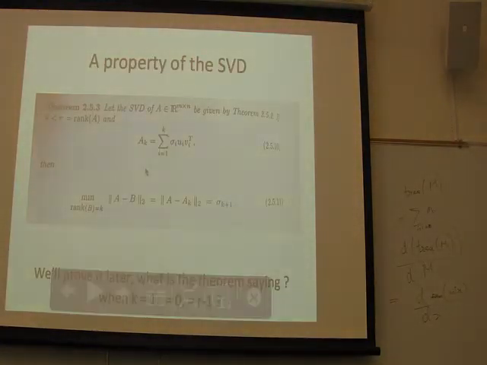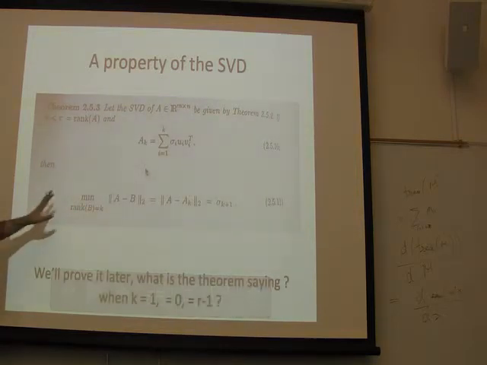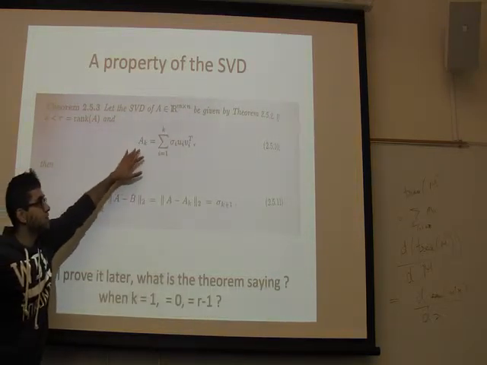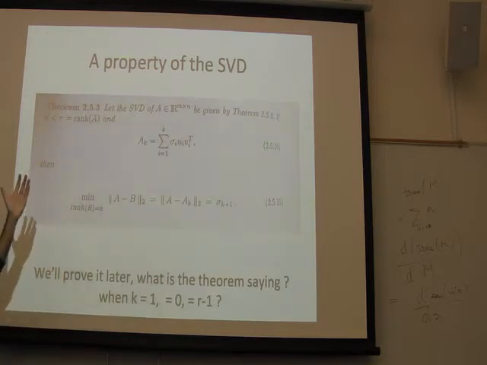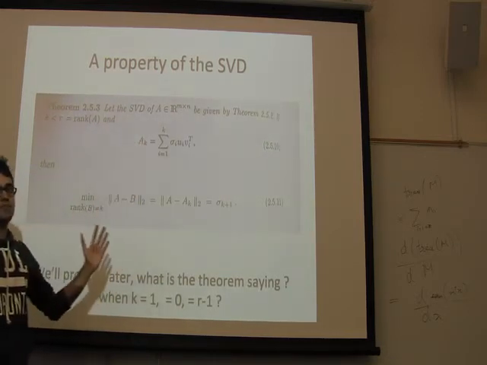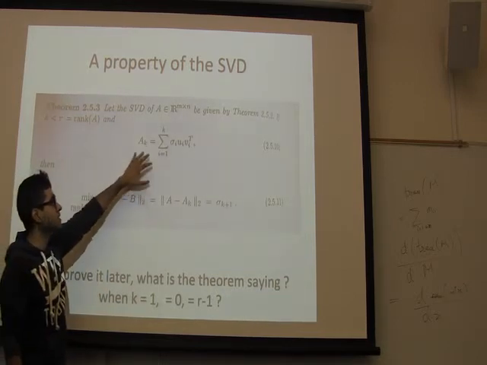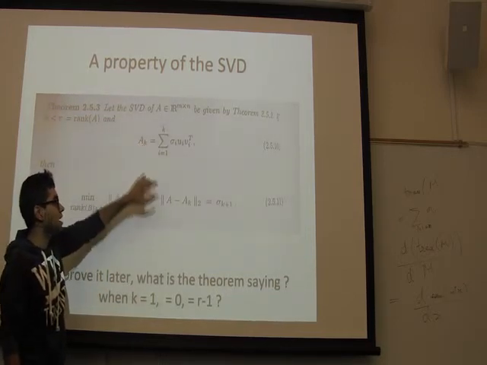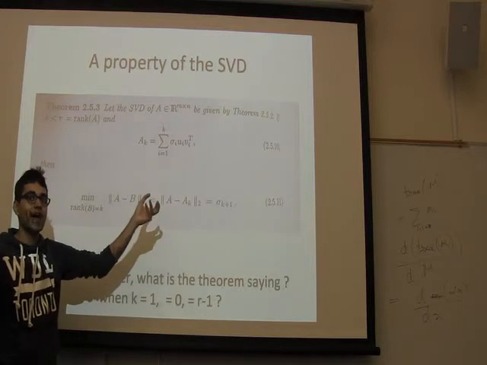What this is saying is if you take only the first k of these, where k is less than r, and you sum them up, you will see that this is going to be the matrix that you get, and it's going to be rank k.